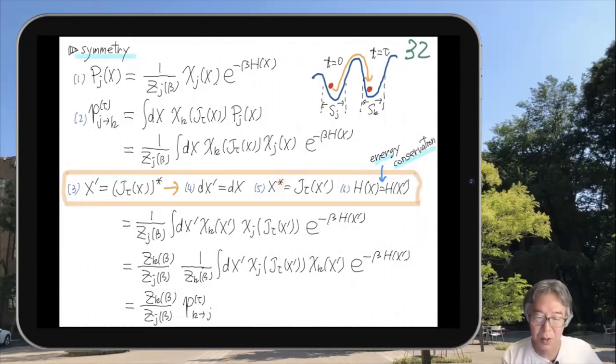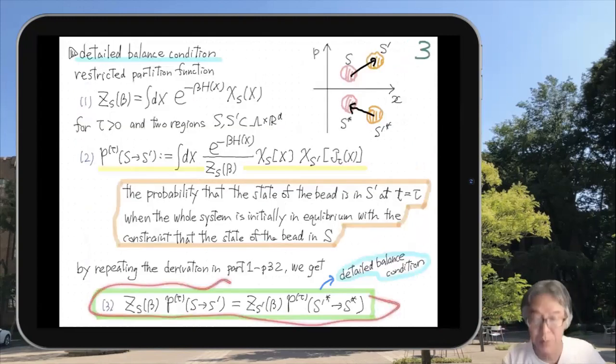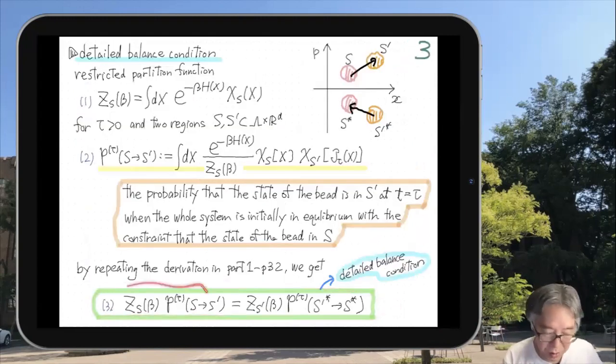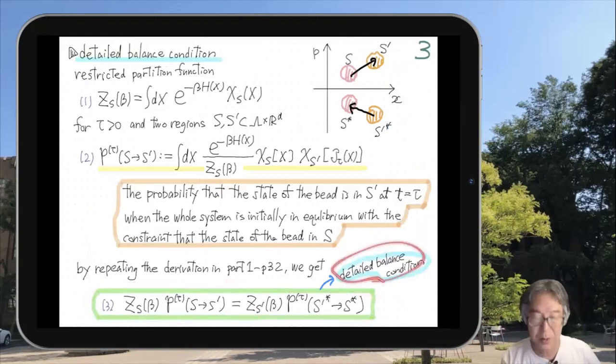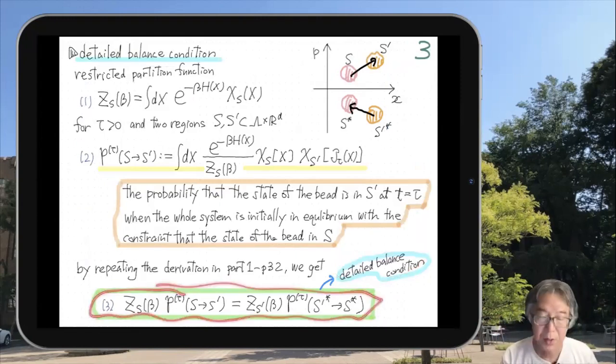But now, in this new consideration with S, you have to be careful about taking the star. If you do that carefully and repeat this derivation, you will get this. It's so simple, but I encourage you to try it. So this is the detailed balance condition obtained in this situation, and this is a rigorous, exact result.